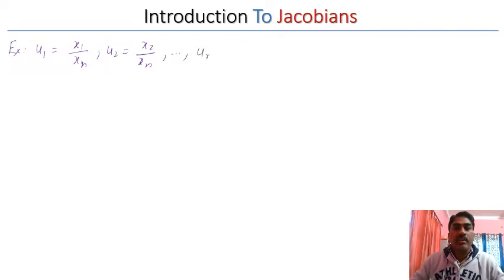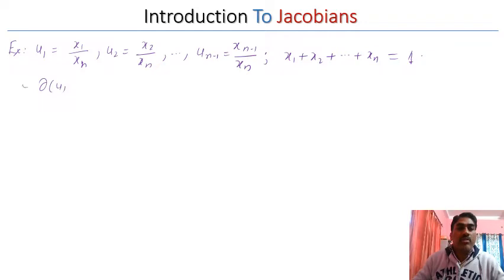Similarly, u(n minus 1) is given by x(n minus 1) by xn, and there is a relation x1 plus x2 plus ... plus xn is equal to 1. Then we are required to find the Jacobian of u1, u2, ..., u(n minus 1) with respect to x1, x2, ..., x(n minus 1). So let us find this.